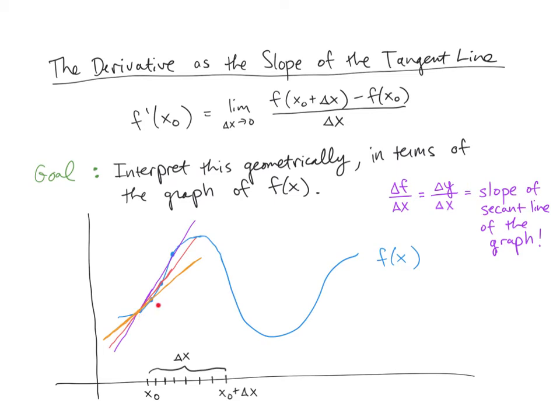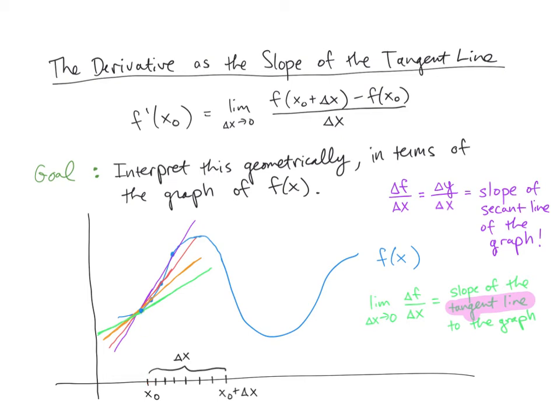So you can try to mentally imagine this point shrinking all the way back to this point here, and what line would result if you kept continuously forming the line connecting this point with this moving point. What you would get is a line something like this. It's the line I've indicated in green here, and it's called the tangent line to the graph of the function at the point x0, f of x0.